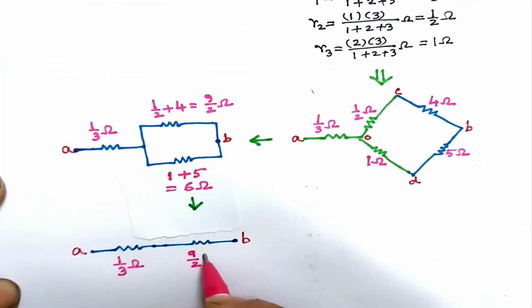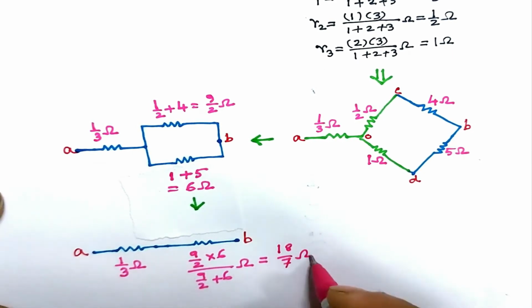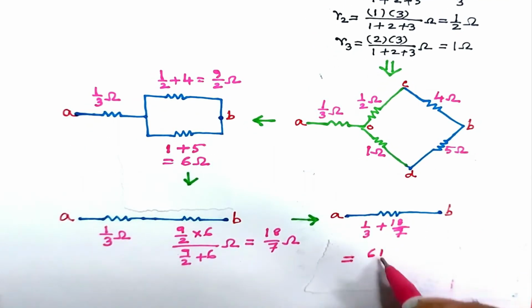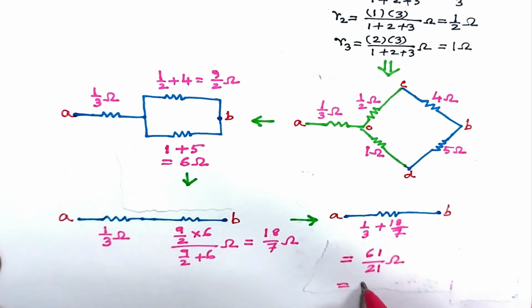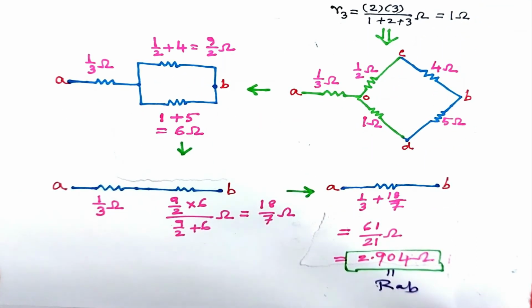Again 9 by 2 ohm and 6 ohm are in parallel, and so we can simplify the network further. This leads to the equivalent resistance 2.904 ohm, denoted by RAB. We are now doubly assured that we are doing things right, as we have got this answer earlier too.